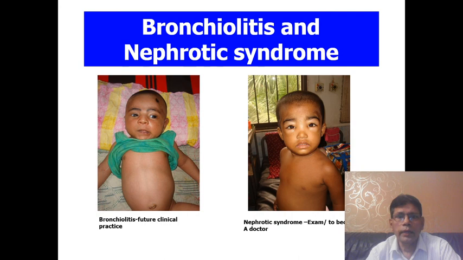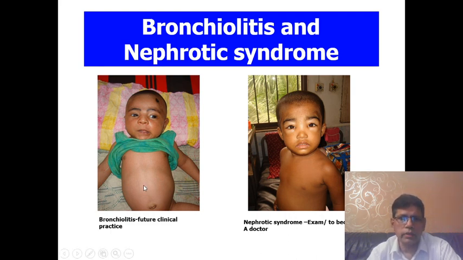Now, why these 2 photographs here? Nephrotic syndrome and bronchiolitis, the two diseases. But I would like to mention here there is no examination, undergraduate or even postgraduate, where a case of nephrotic syndrome is not given. This is the most important case, so we must remain grateful to nephrotic syndrome cases to become a doctor.